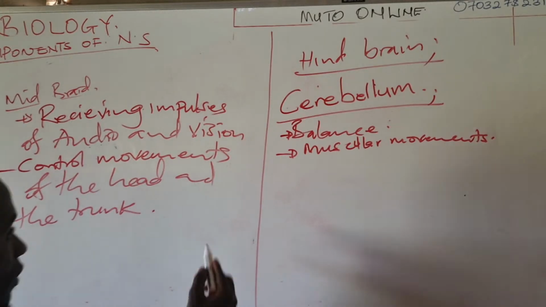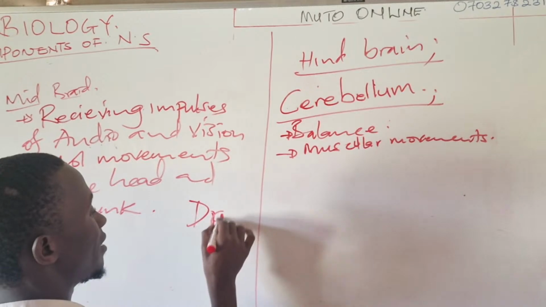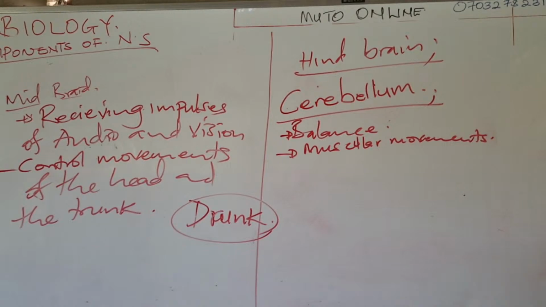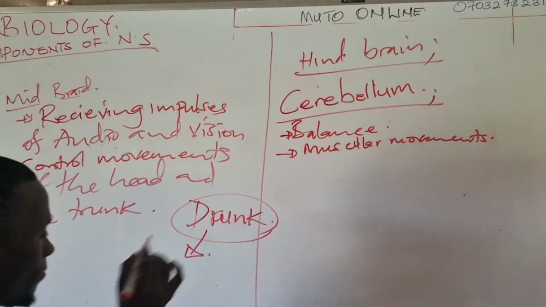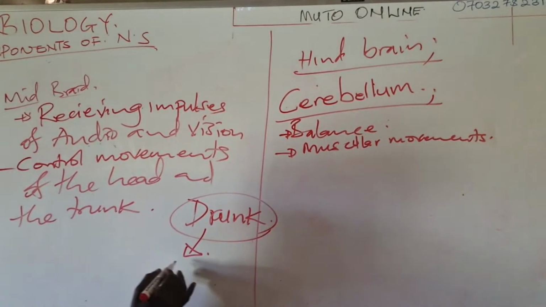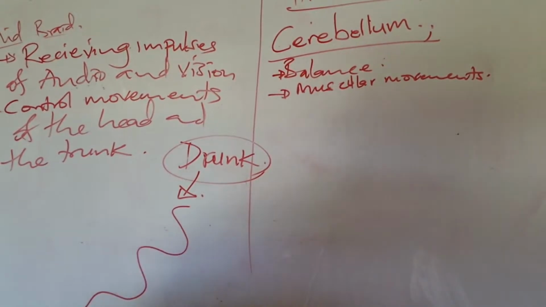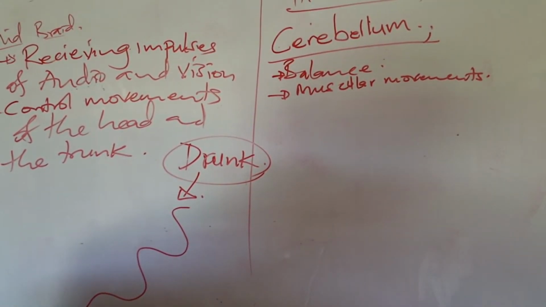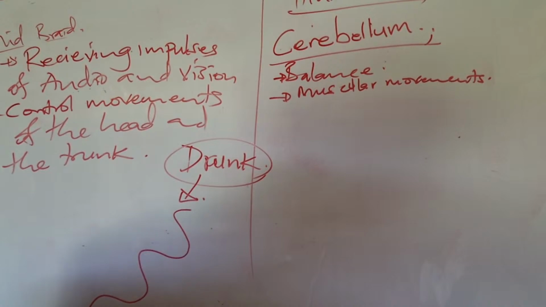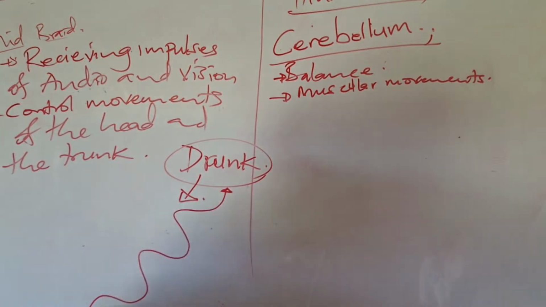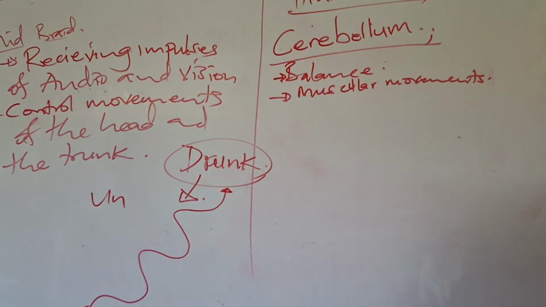Now, imagine someone is drunk. You can talk about the movement patterns of someone who is drunk. When someone is drunk, they cannot move in a straight path. A drunk person has a type of movement we call uncoordinated movement, movement with no patterns.